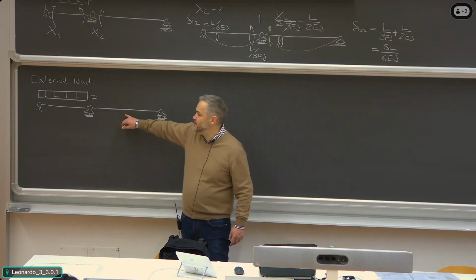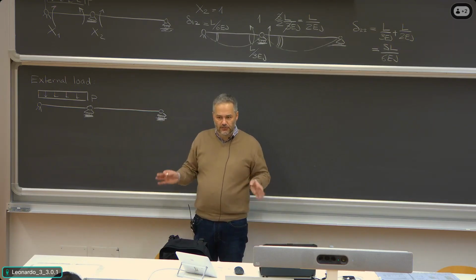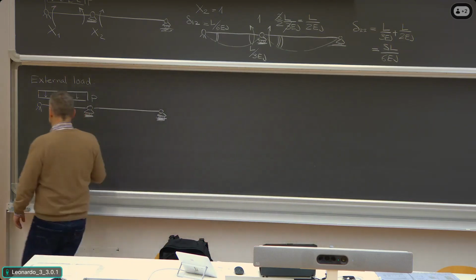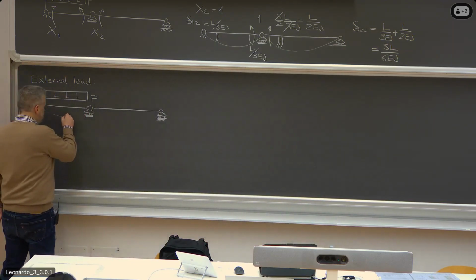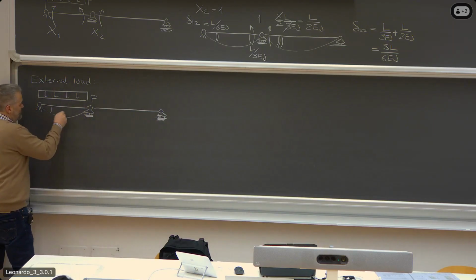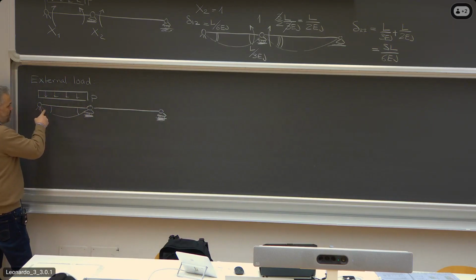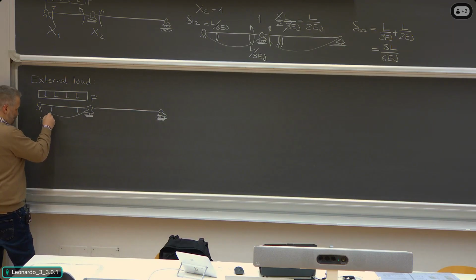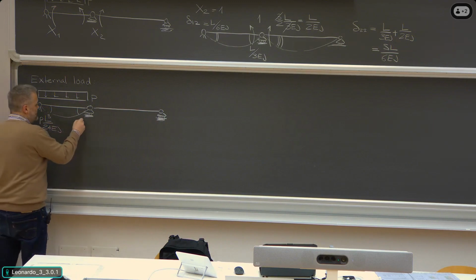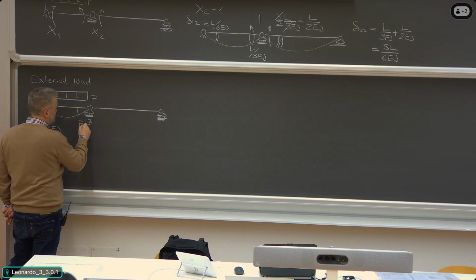Again, the second span does not deform, it is unloaded. What we have is basically this, with an equal rotation at point A and at point B. This is PL to the power of 3 divided by 24EJ, and the same happens here.